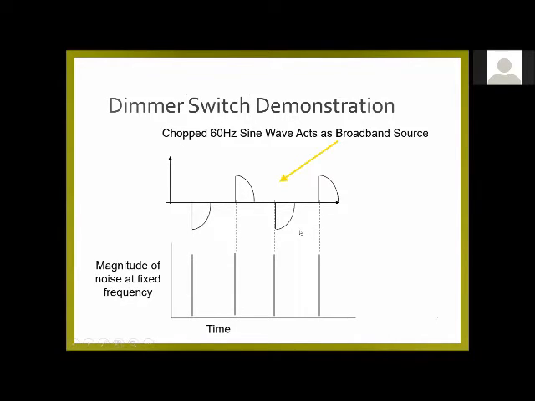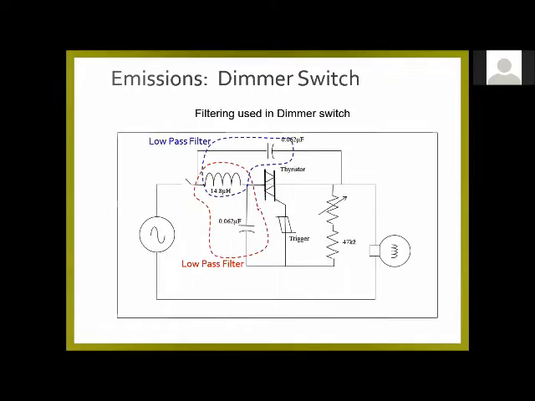So you get a 60 hertz fundamental, but then you get harmonics that go way out, can be into the megahertz range. If you hear it on a radio, for example, you'll hear a 60 hertz repetition at whatever frequency you're listening to. It'll sound like a buzzing noise on your radio.